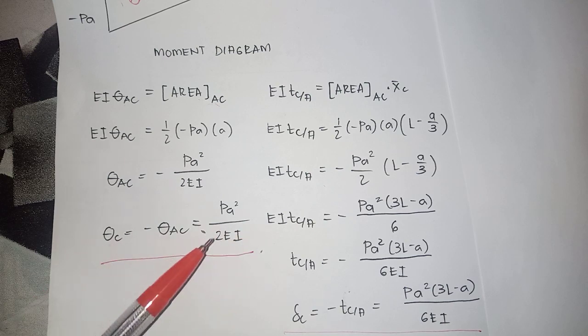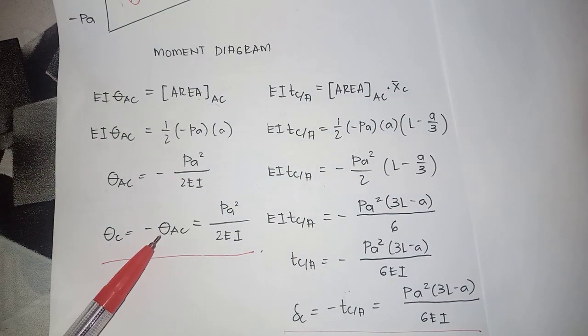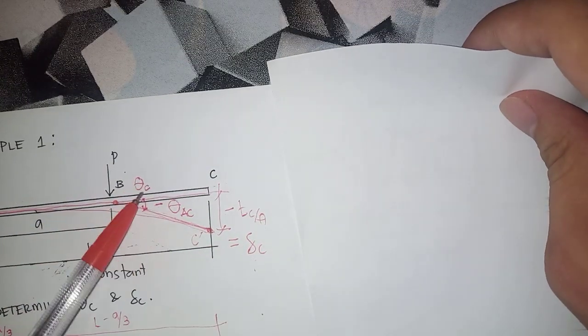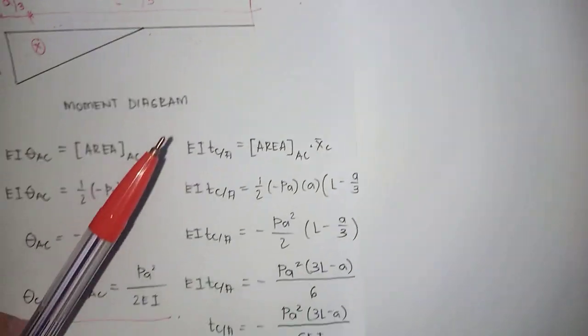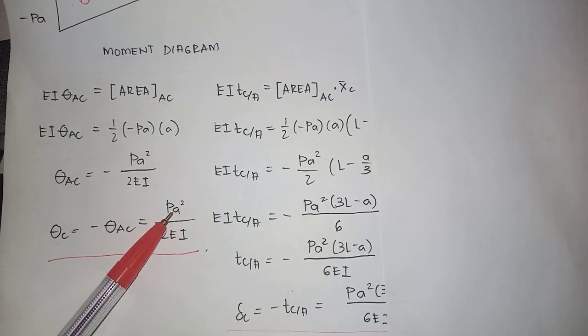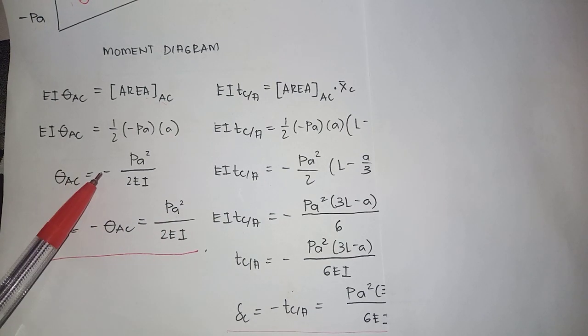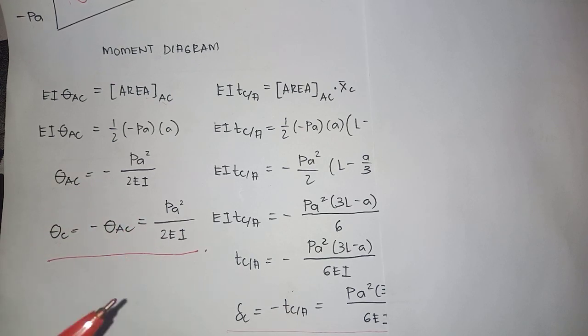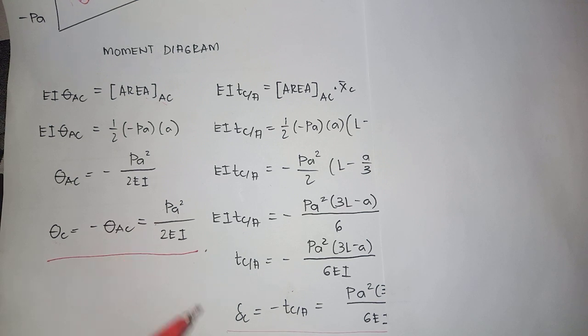Theta C is equal to what? Negative theta AC. Okay, balik tayo rito, no? Ito yun. So equal yung dalawang to, no? Okay, so theta C is equal to PA squared over 2EI. Kasi ini-negate natin tong negative na to. Kaya naging positive siya rito. Okay. Bakit naging positive? Kasi tama yung assumption ng direction.